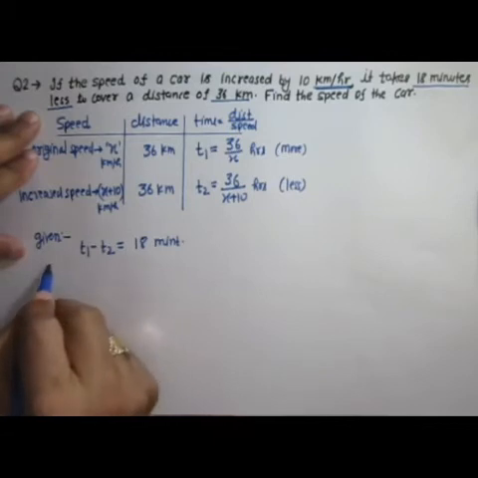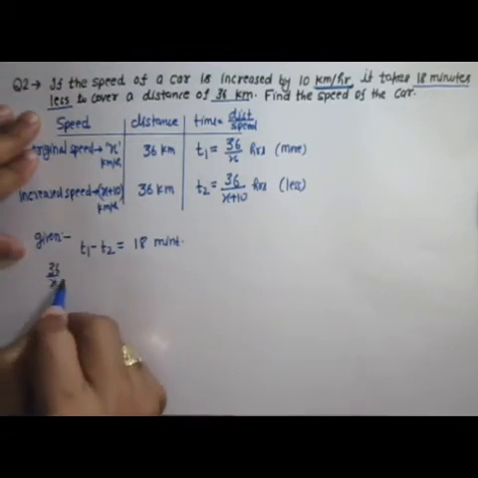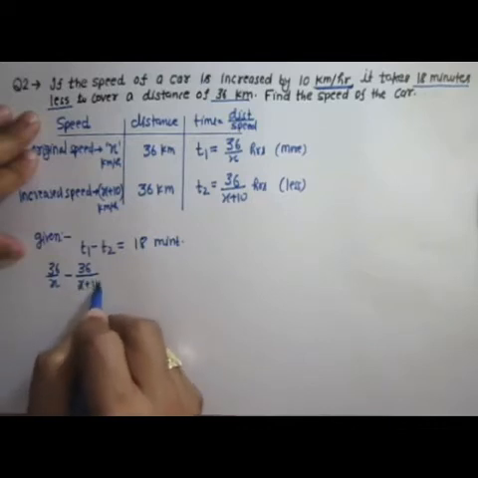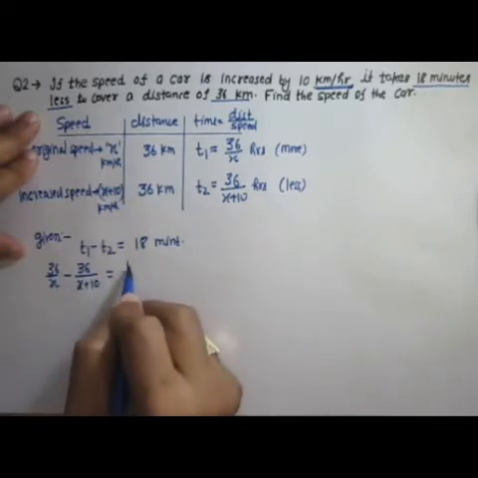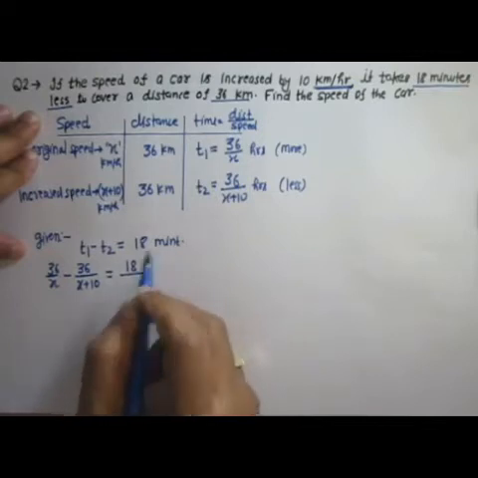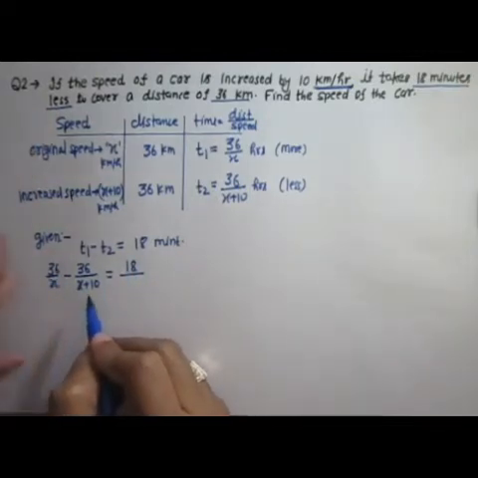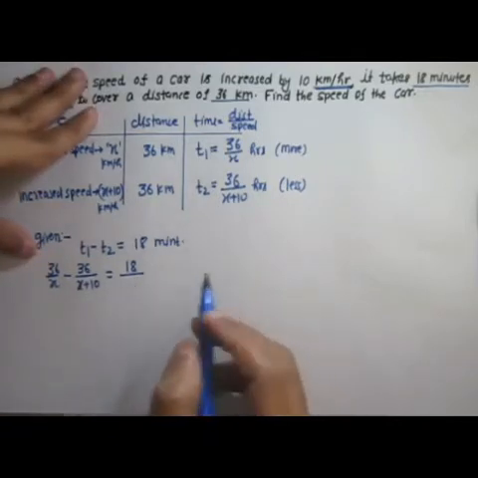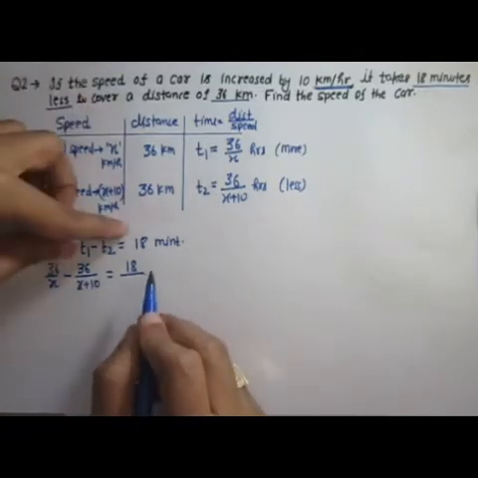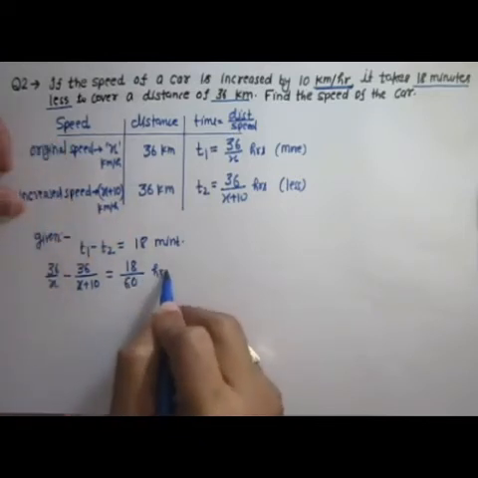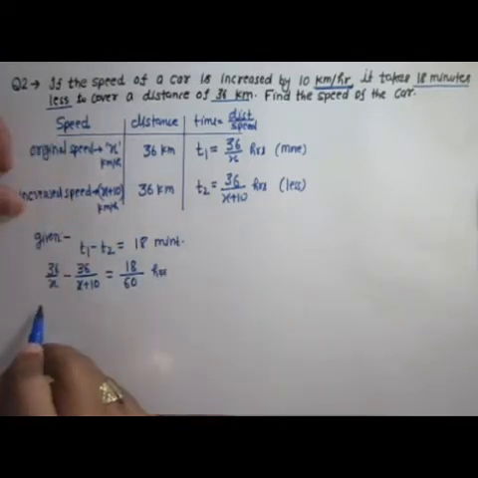So T1 is 36 by x minus 36 by x plus 10 is equal to, and we have to convert this minute into hours. Why? Because on the left side both times are in hours. So the unit of the right side also must be in hours. So divided by 60. Now it will be in hours. Now simplify it.